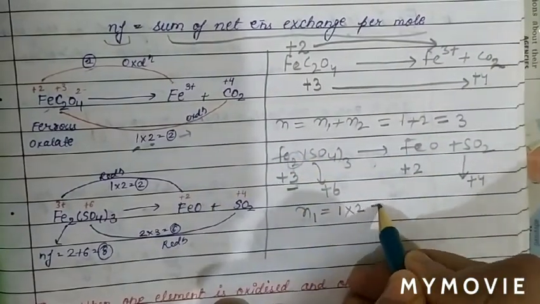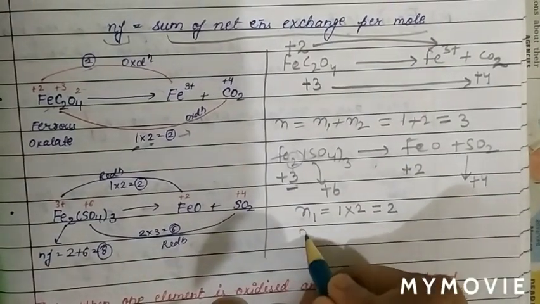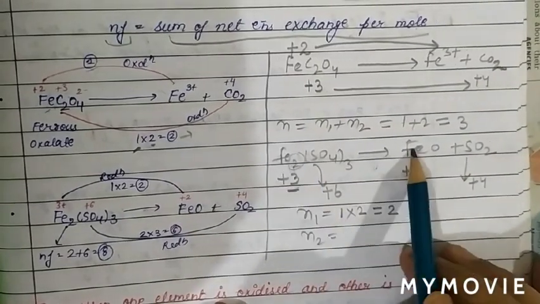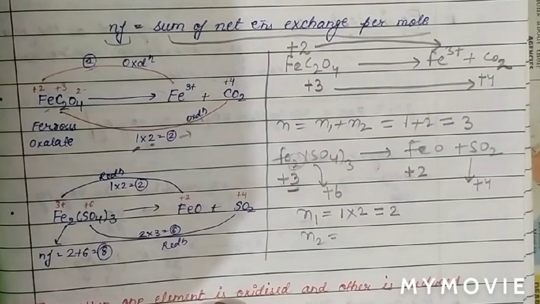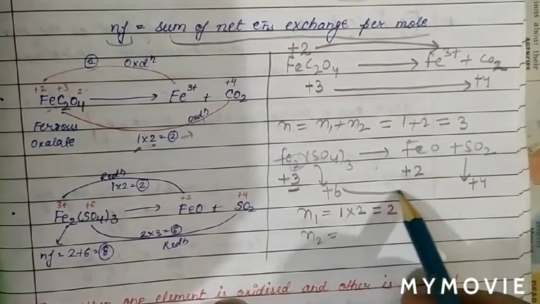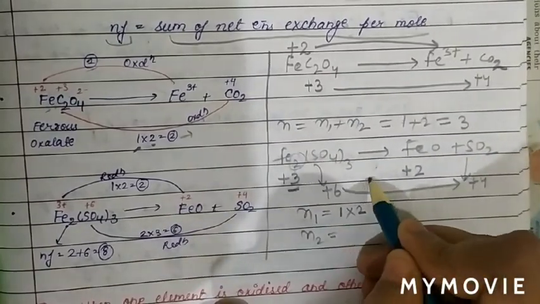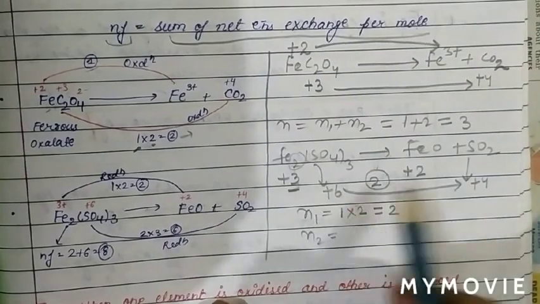And how many sulfur atoms are there? 3. So a change of 2 times 3 atoms, a decrease in oxidation number of 6. So n1 is the n factor for iron, n2 is the n factor for sulfur, and both are reduced. Therefore the net electron exchange is n1 plus n2, so the n factor will be 8. So the n factor of this reaction is 8.